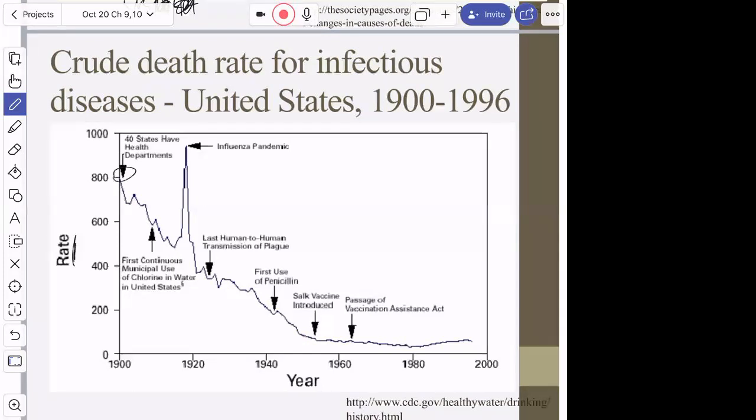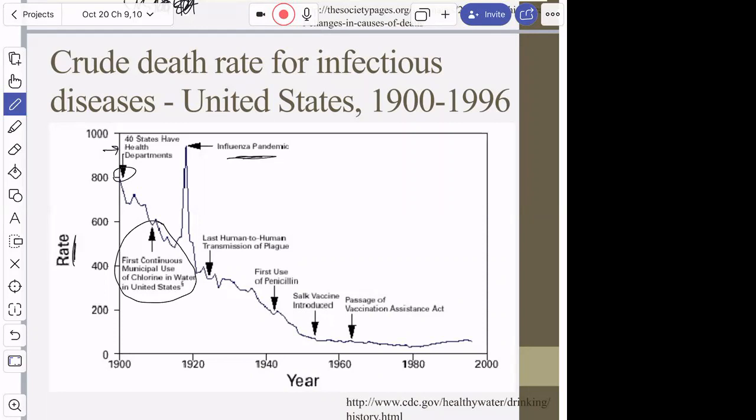It makes note of the beginning of health departments in states here about the year 1900. Here's a big jump forward in hygiene when we first started to chlorinate, treat our water. Okay, so our hygiene is getting better and better. We had this huge jump, of course, during the worldwide flu pandemic, 1918, 1919.